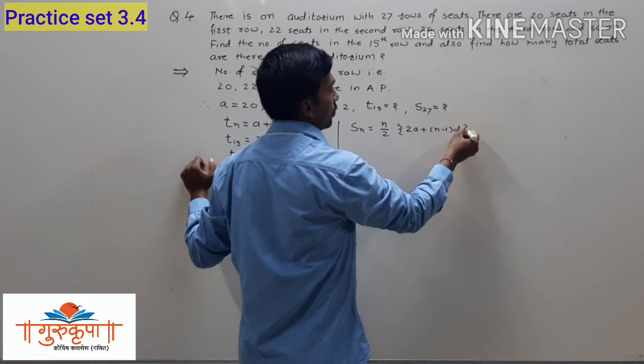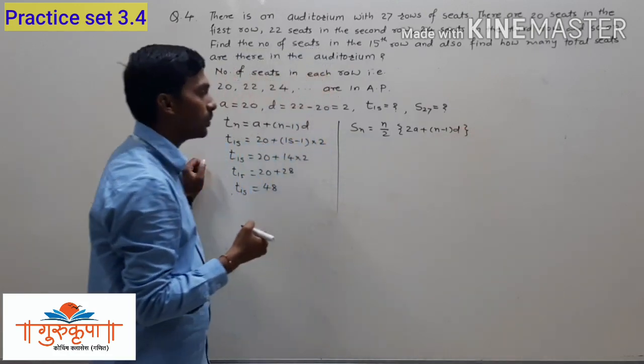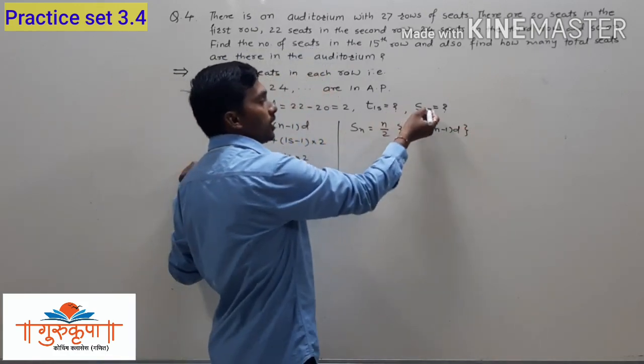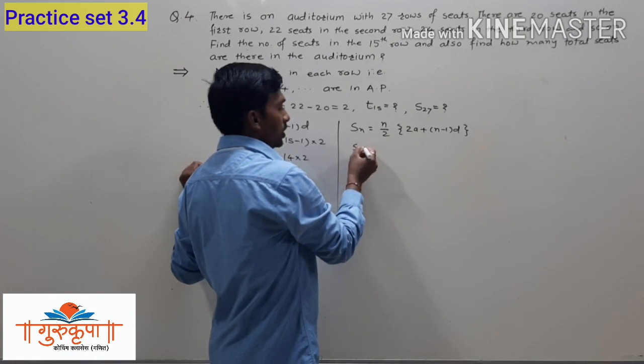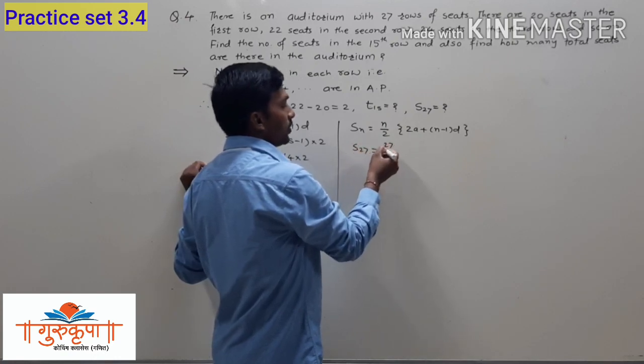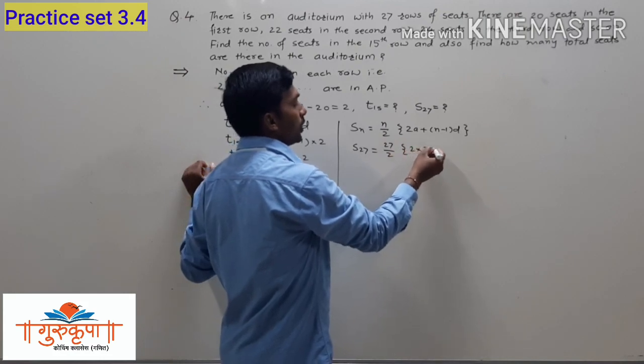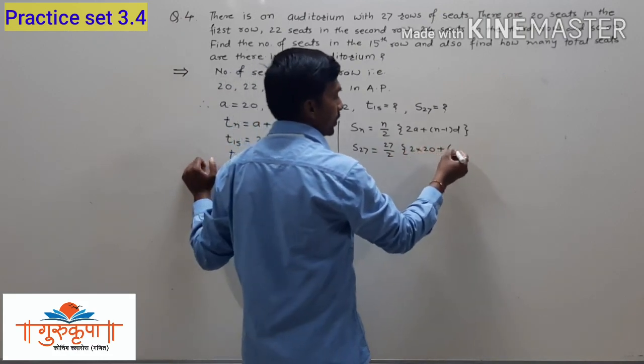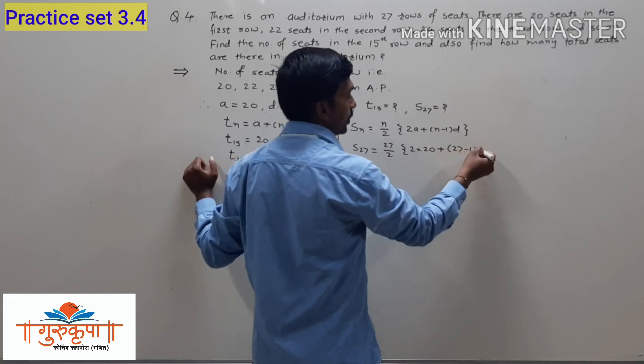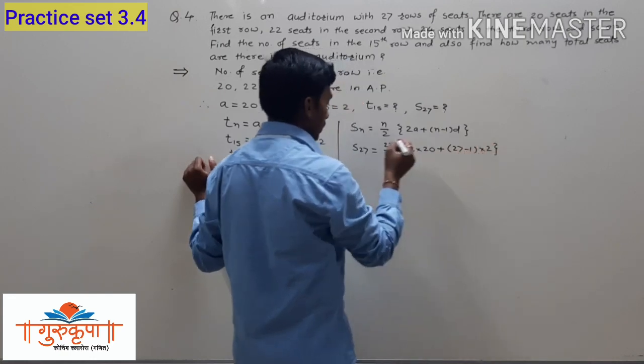That is the formula for finding the sum of the n terms of an AP. Since we have to find S27, we put n equal to 27. This is 27 divided by 2 into (2 multiplied by 20 plus (27 minus 1) into 2). Now simplify this again.